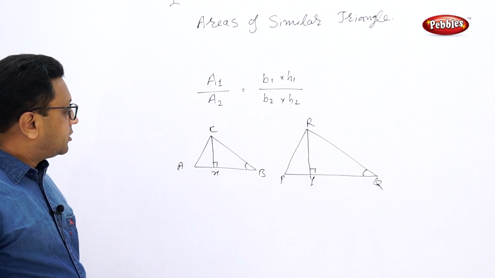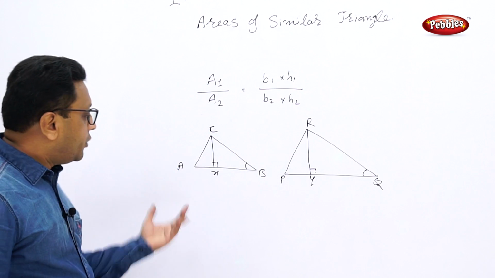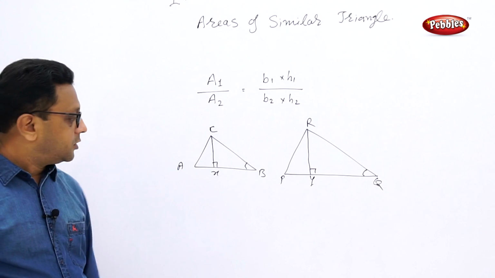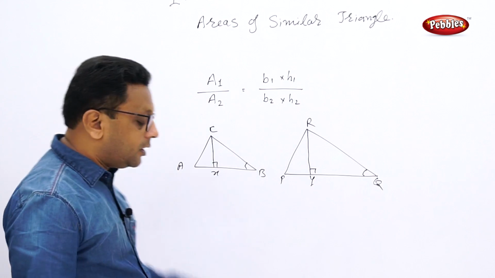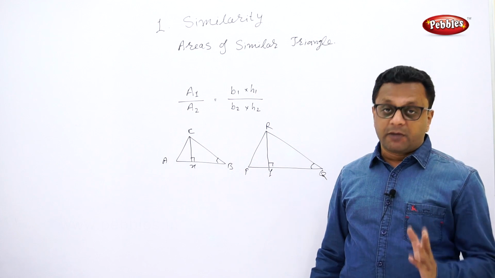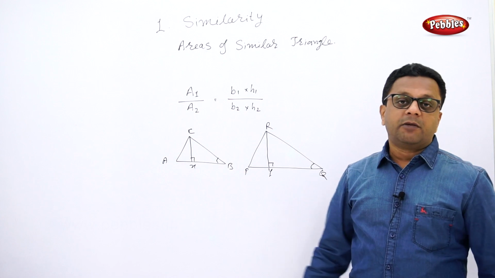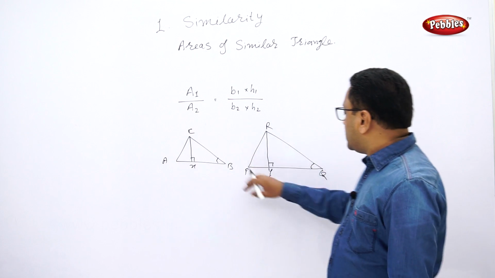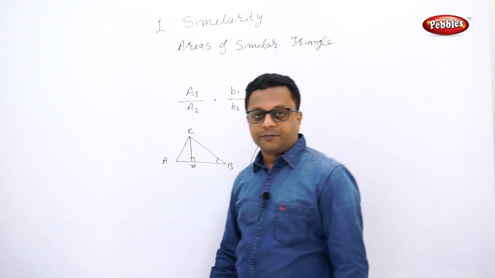So now let us consider the triangles CXB and RYQ. We know that angle B and angle Q are congruent angles, and angle X and angle Y, that is RYQ and CXB, are right angle triangles. So by the AA test of similarity, these two triangles are similar triangles, and hence you can say that CB upon RQ is equal to CX upon RY.